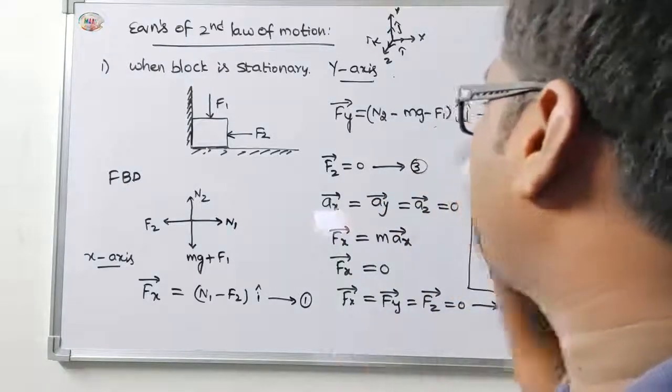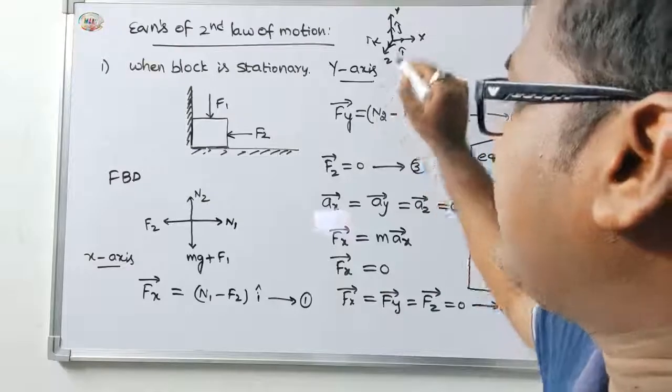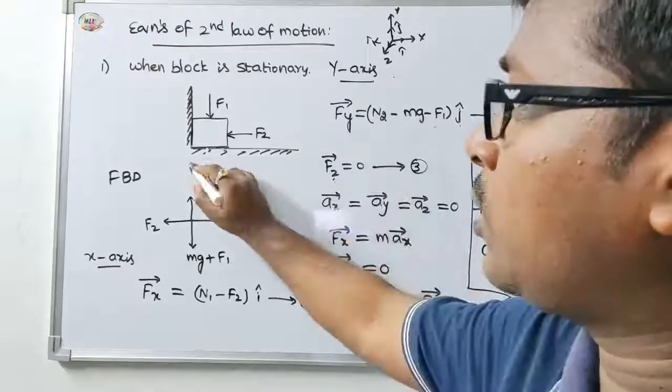This is equation number 2. In this one, along z there is no force.